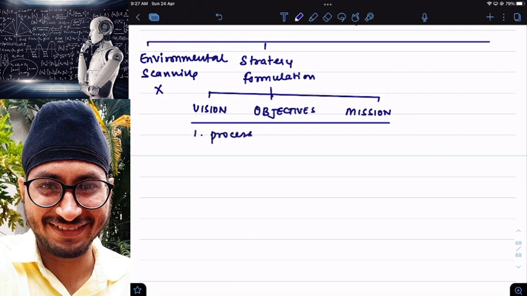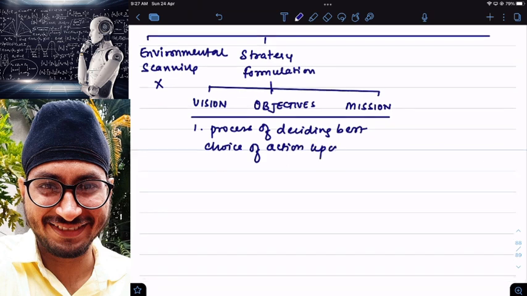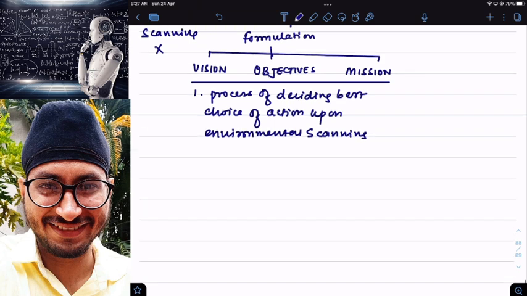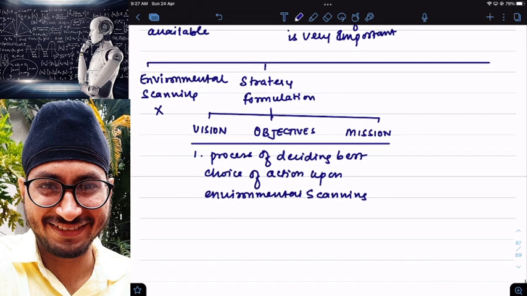Here, it is the process of deciding the best choice of action based on environmental scanning. After scanning the environment, selecting the best action to achieve the results. Clear? And this is called strategy formulation.